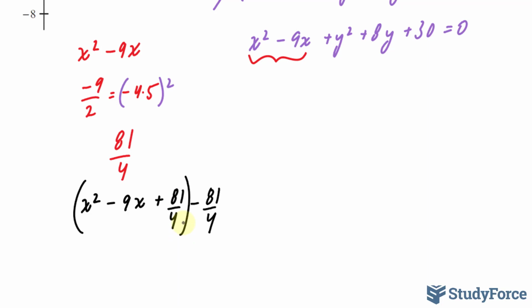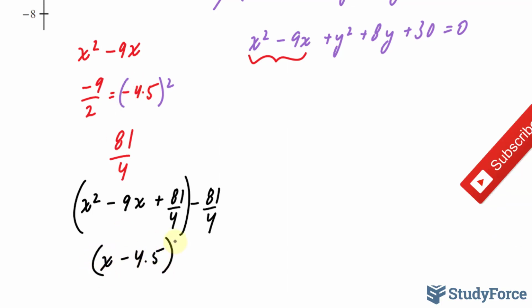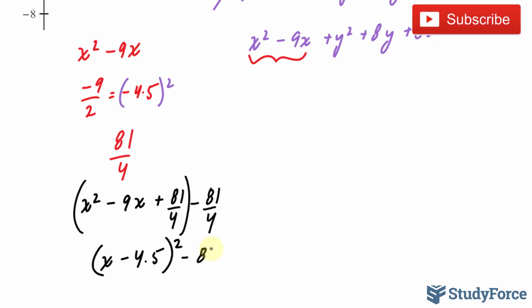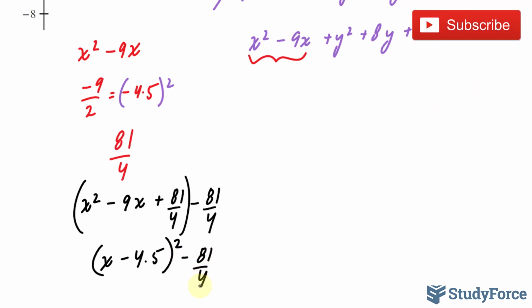In fact, this is a perfect square trinomial. This means I can reduce this down to x, and you remember this number, negative 4.5: x minus 4.5 squared minus 81 over 4. I can now replace these 2 terms with this vertex form expression.